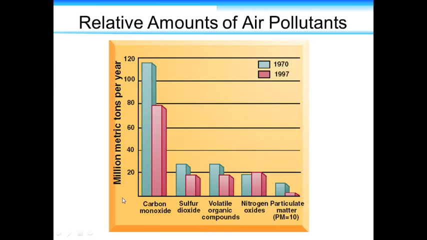This bar graph here shows the metric tons per year emitted. And you can see carbon monoxide, this is in the United States, has dropped from 120 metric tons to about 80. And we're making inroads on sulfur dioxide and volatile organic compounds as well. This is comparing to 1997, so hopefully we've made even more progress. Unfortunately, it looks like the nitrogen oxides have increased a little bit.